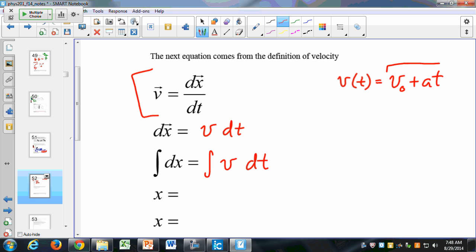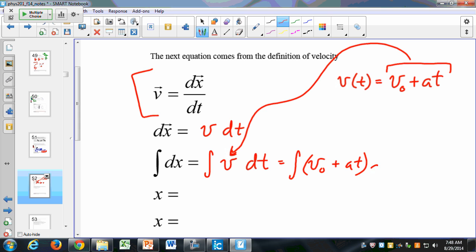So what we're going to do is we'll take this and we'll plug it in for v, and then we'll take that integral. That's going to be the integral of v naught plus at times dt.